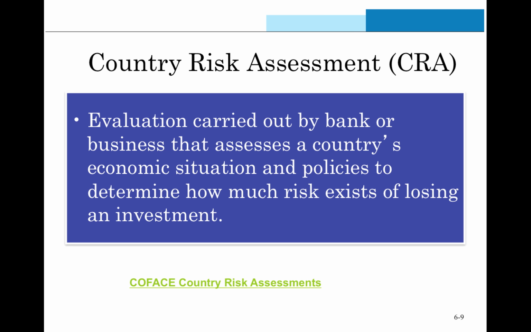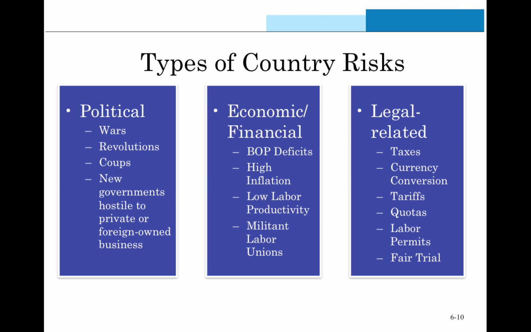So let's take a look at the types of risks that you may run into. There are political risks, there are economic and financial risks, and there are legal risks. And you should be aware of all of these.